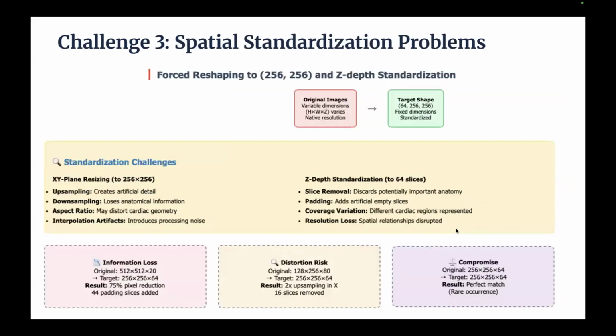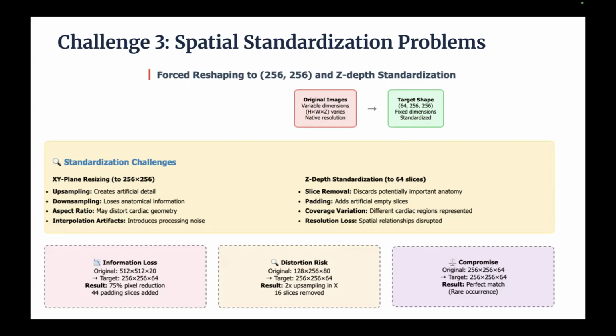Next slide. Finally, the Z depth standardization was an issue. You're losing a lot of anatomical detail in resizing. You're creating non-biological artifacts that the model may train on. There's distortion. So many different issues, I think. Again, I feel like we should have used a more standardized data structure, or just NIfTIs.